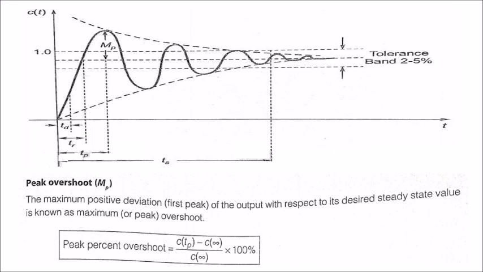This is the operating range. That means you design the system to operate between 150 to 230 volt AC.